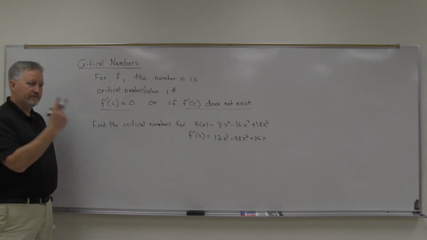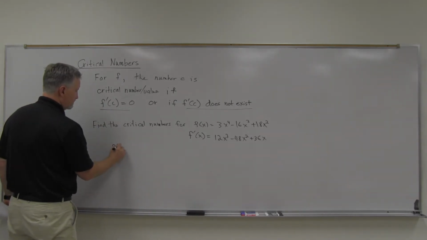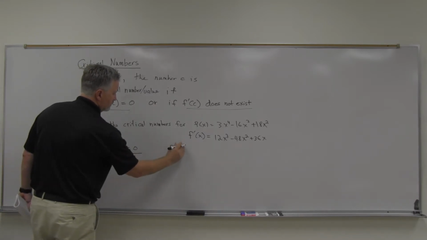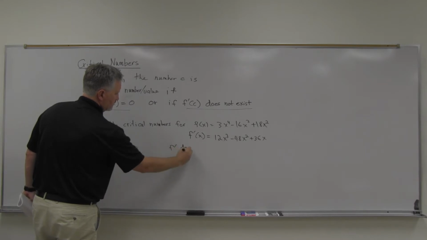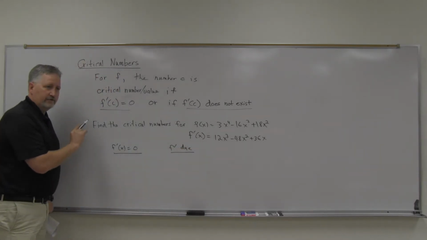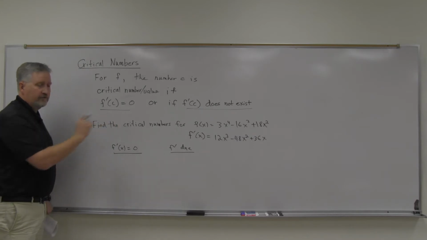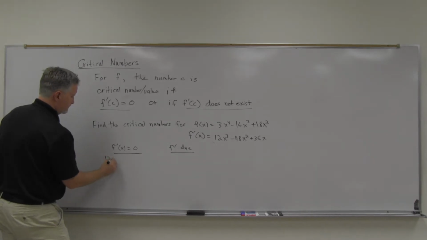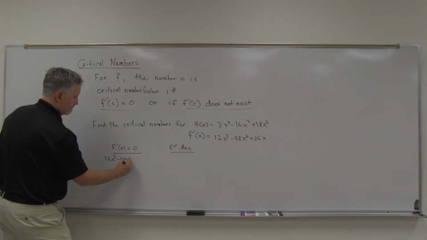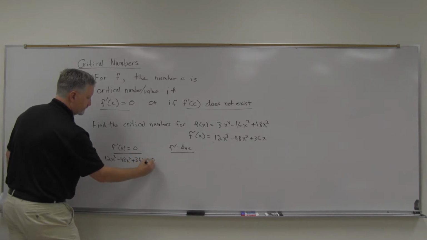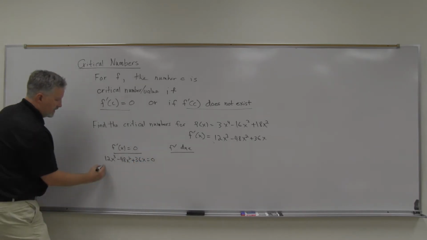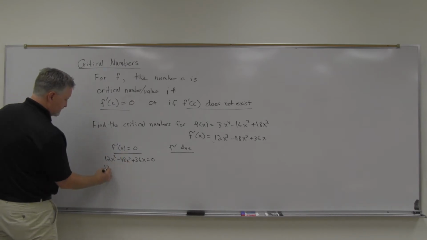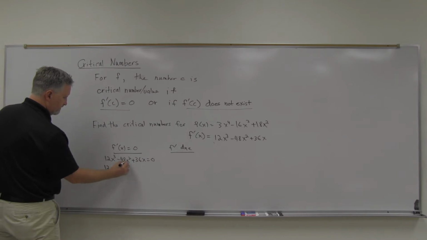So in the critical numbers, we're thinking about two possibilities: we're either going to do the derivative equals 0, or derivative does not exist. All right, so find your derivative, set it equal to 0, will be the first piece of this. So solve that, a little bit of factoring. 12x is a common factor, so factor off the 12x.